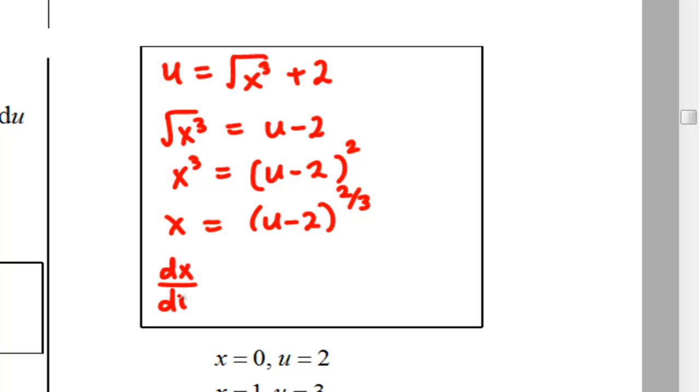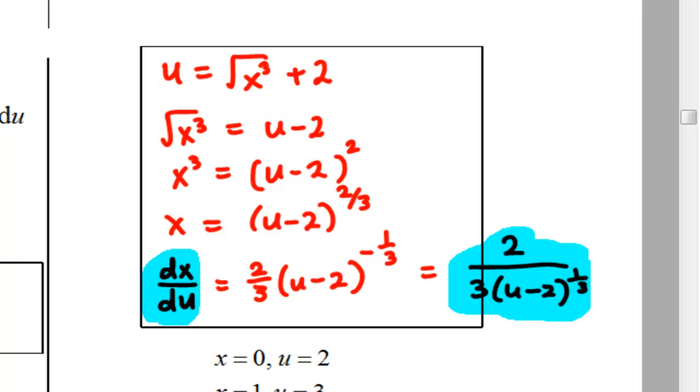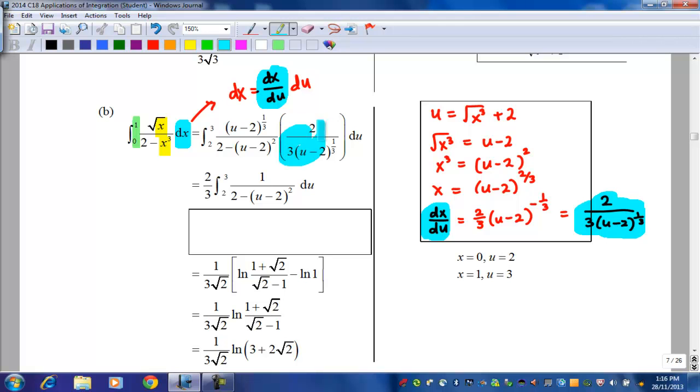So dx du gives us 2/3 u minus 2 raised to the power of negative 1/3, which is equivalent to 2 over 3 u minus 2 to the power 1/3.